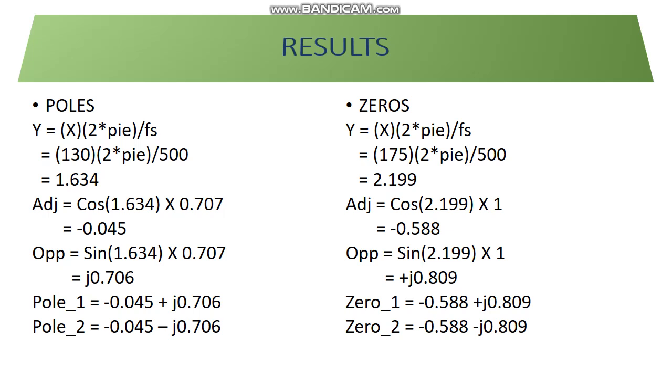And then also you multiply the cosine part by 0.707 because of the rule of the unit circle, which states that the poles must be a distance of 0.707 from the circle. But when you calculate the zeros, you use the noise frequency, and then also you multiply with 1, which means that the zeros can be put anywhere you want to put them.